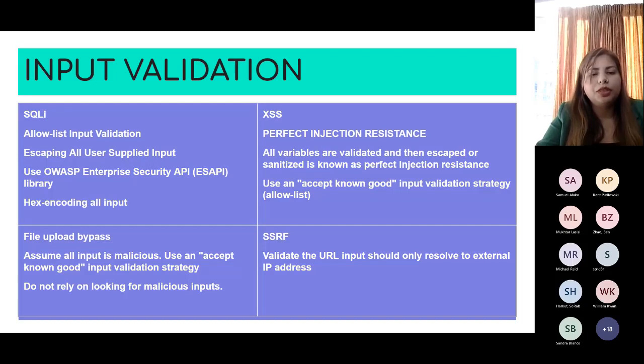Sometimes there are other filters that can be bypassed through different methods. Therefore, accepting known good, like just accepting JPEG, is a better idea than having the block list. So do not rely on looking for any malicious inputs.